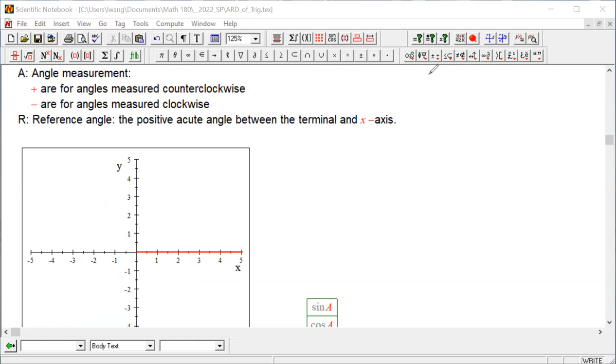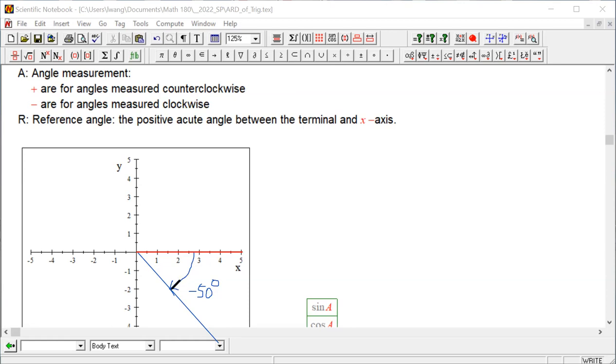So suppose I measure another angle clockwise, right here, and the terminal is right here. Suppose this angle is negative 50 degrees. What is the reference angle for this negative 50 degrees?